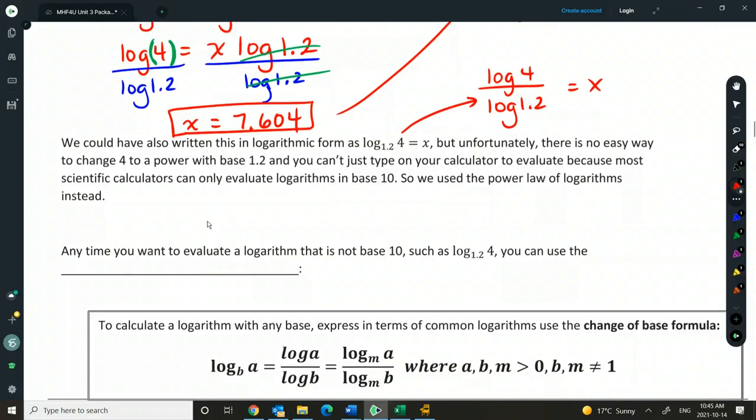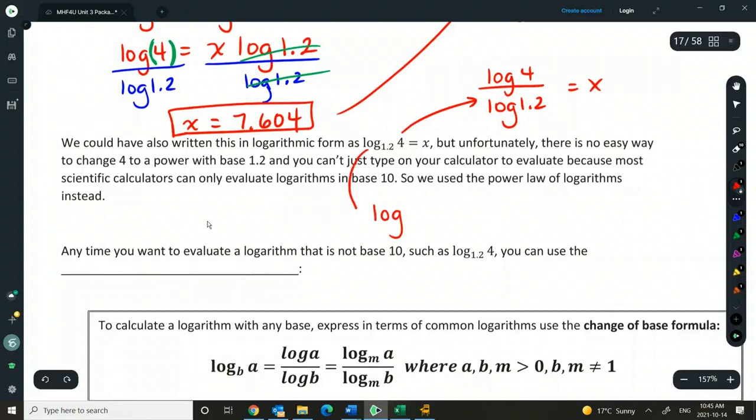Some of you guys have a button that looks like this. It's the people that have that black calculator with the blue and orange buttons. If you have that button, you can actually evaluate this in your calculator. You can just press that button, and then fill in the boxes.